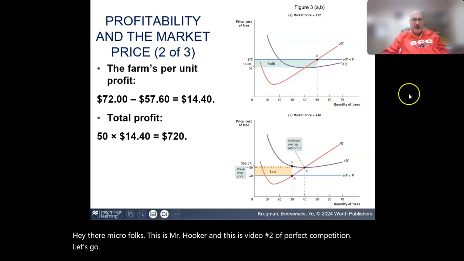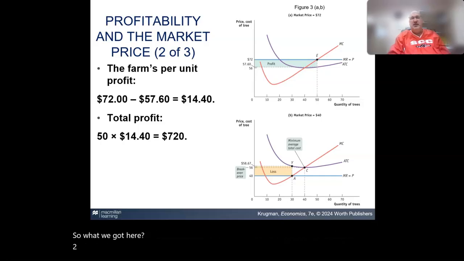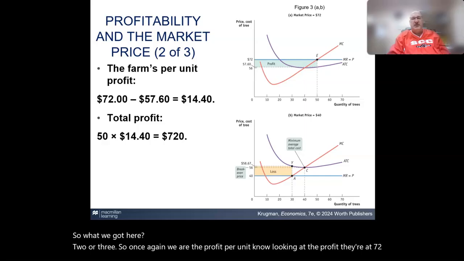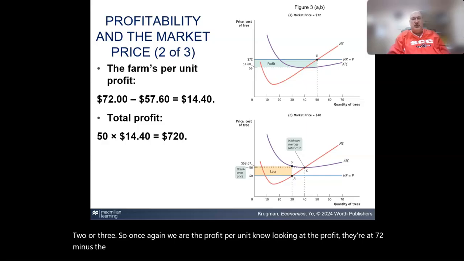So, what we got here, profitability, 2 of 3. Once again, we are looking at the profit per unit: the 72 minus the ATC 57.60. That's the 14.40 times the 50 units, which gives you a total profit of 720.